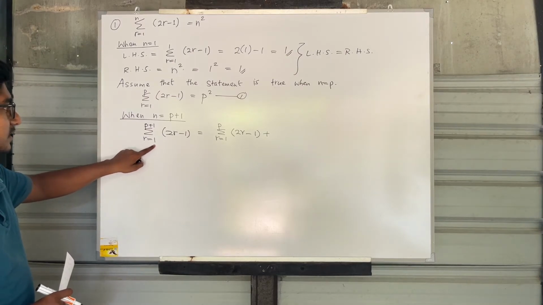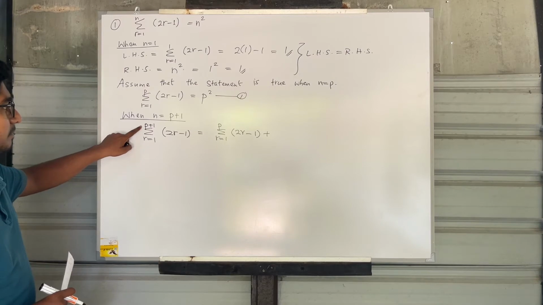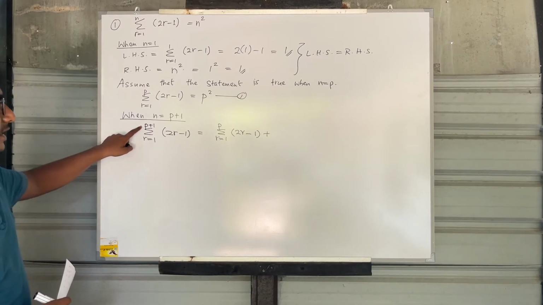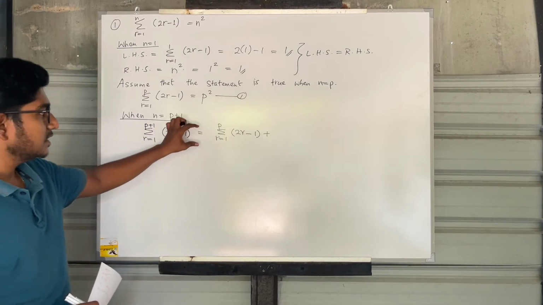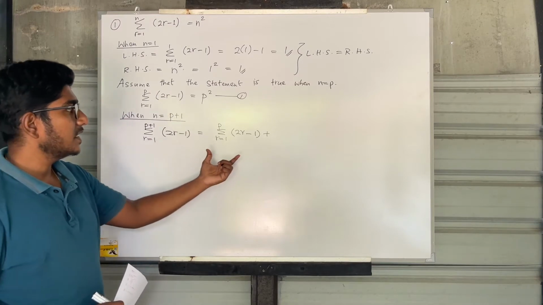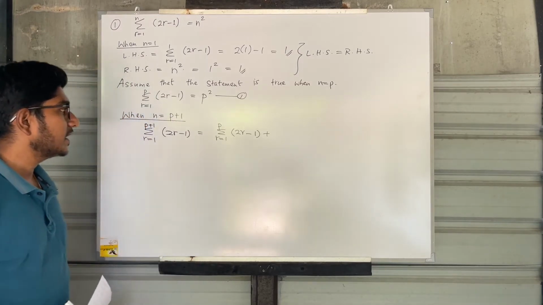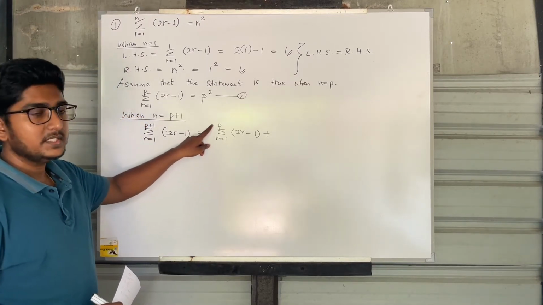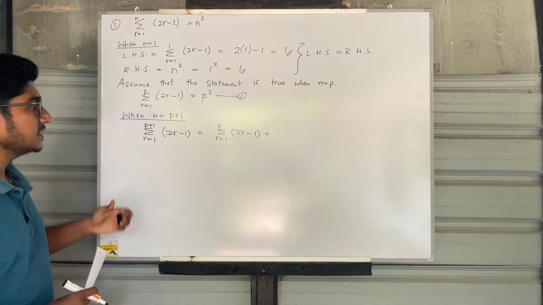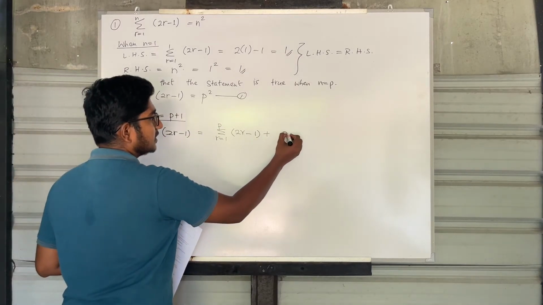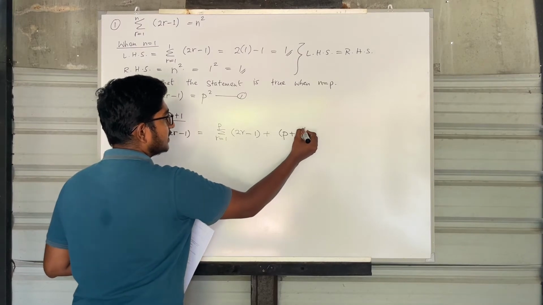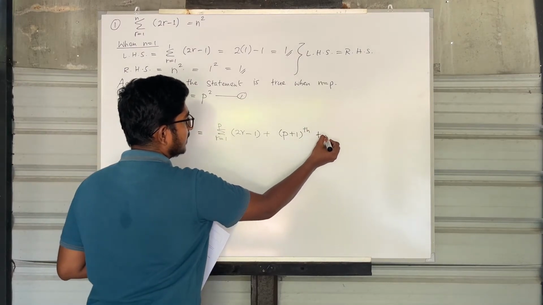Starting from the first term we have to take terms until the p plus 1th term. So I have broken that into two parts, r equal 1 to p and the last term, which is the p plus 1th term. So we have to add that separately.